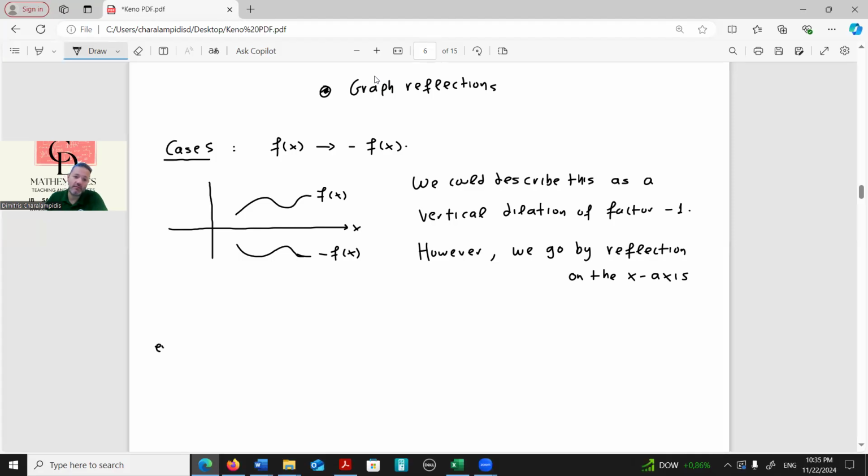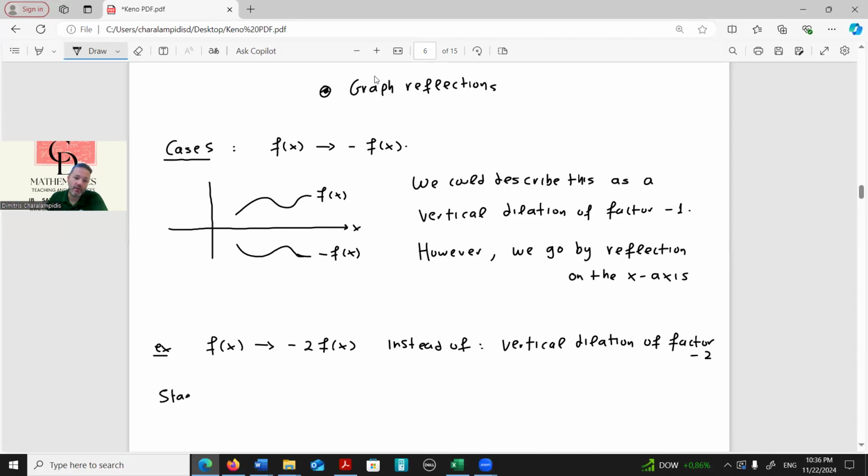For example, if we have f of x moving to minus 2f of x, instead of just saying vertical dilation of factor -2, we will do the description in two stages.